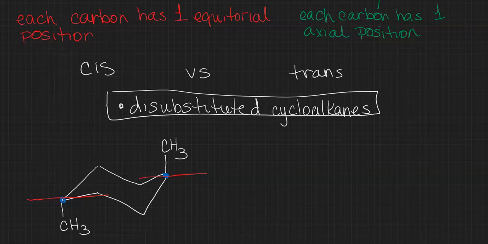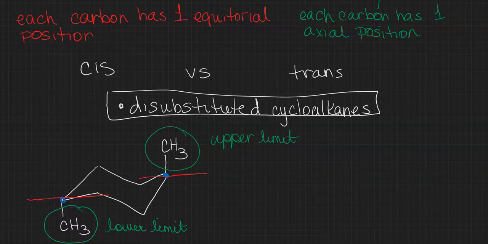And we want to look at what are called limits. If we look at this methyl, you'll notice that it is above the red line. So we call this an upper limit. If you look at this methyl to the left, it is below the red line. So we call that a lower limit.